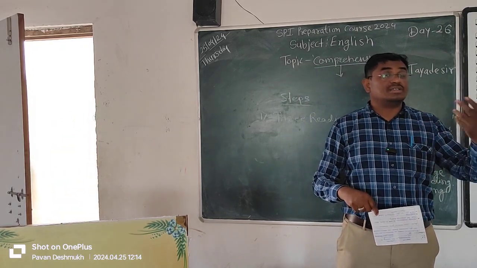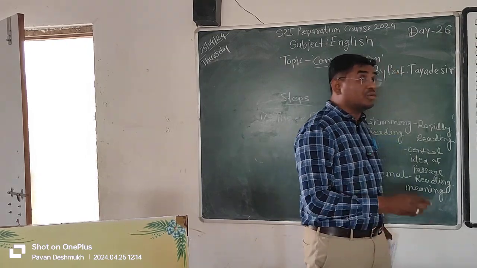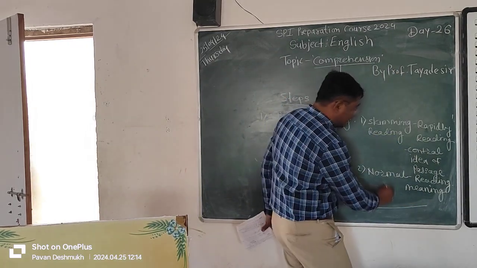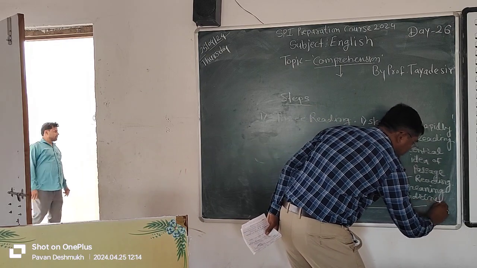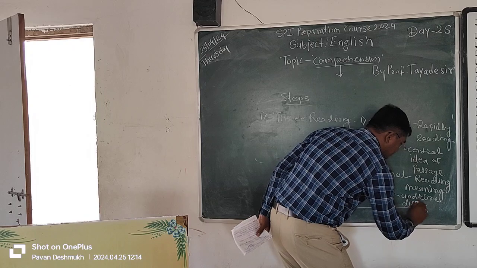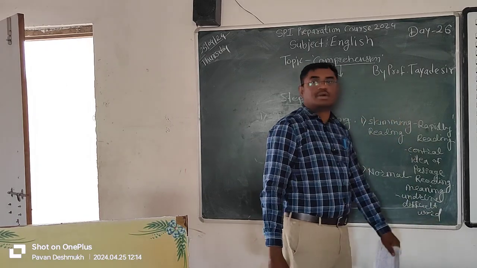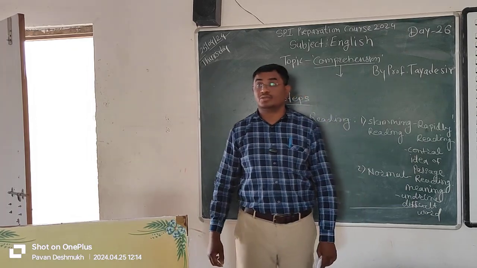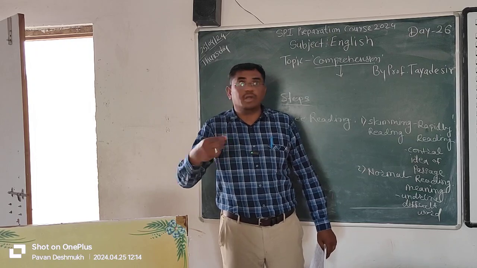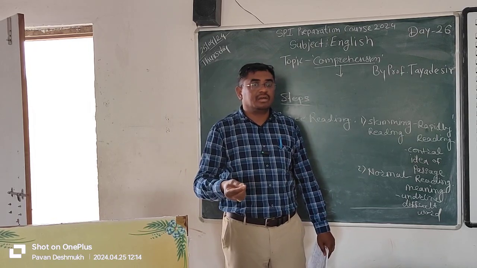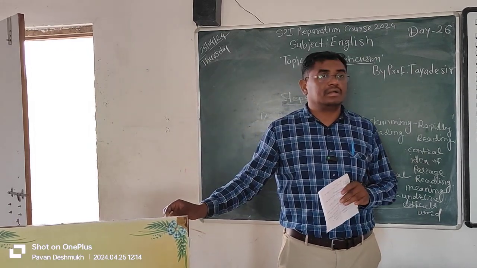Then in a normal reading, you have to read the passage and try to get the meaning of the sentences. In that, you have to underline difficult words, those words you don't know, those words you are unable to understand, meaning words you have never heard.